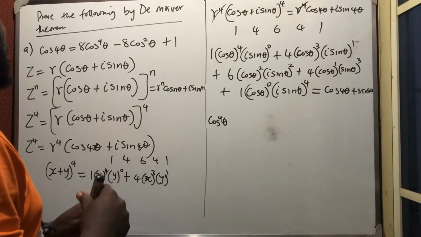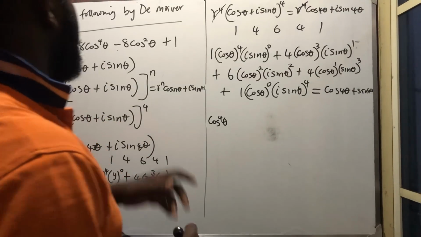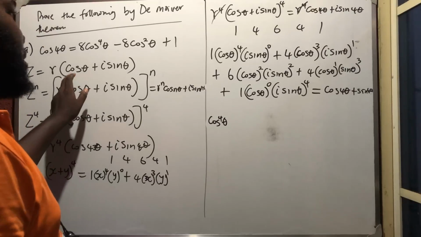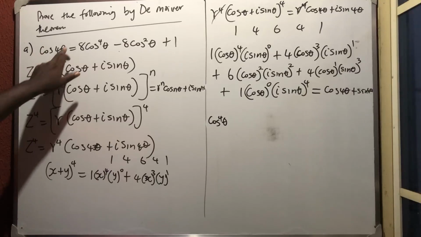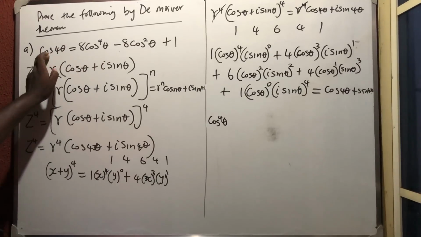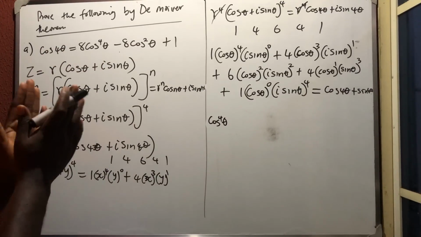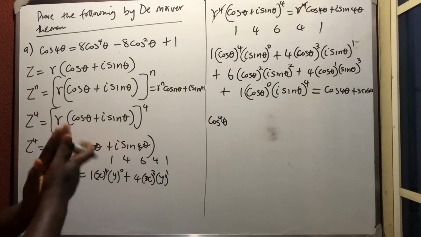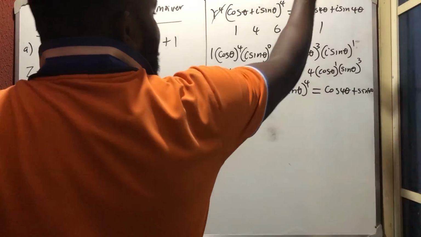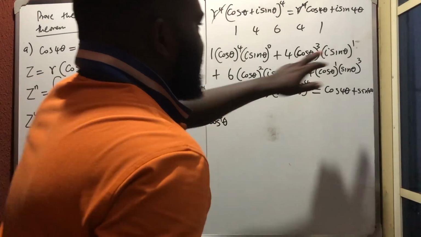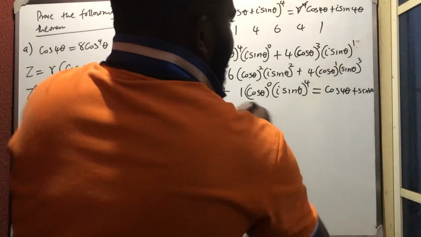Now, if you look at this, the cos is the real part, and what they say we should prove is equal to this concerns the real part. So let me bring out all the real parts. Anything that still has I, I'm not interested in. Here the I has gone, so I'm interested in this one. This is raised to power 1, I is still there, so I'm not interested.